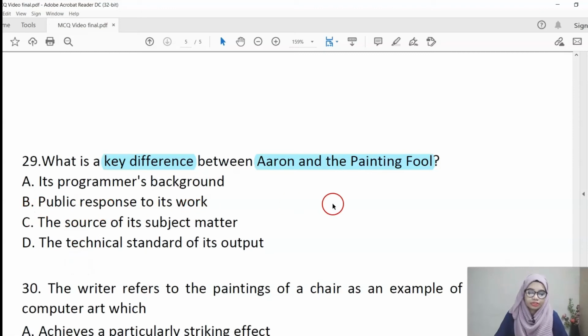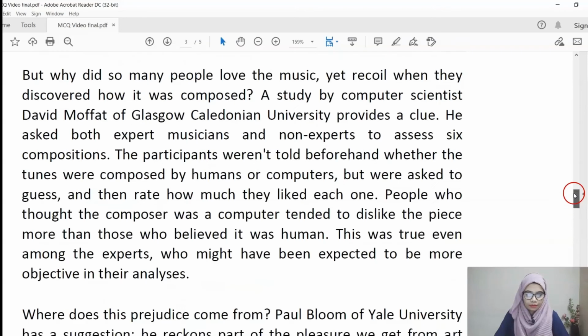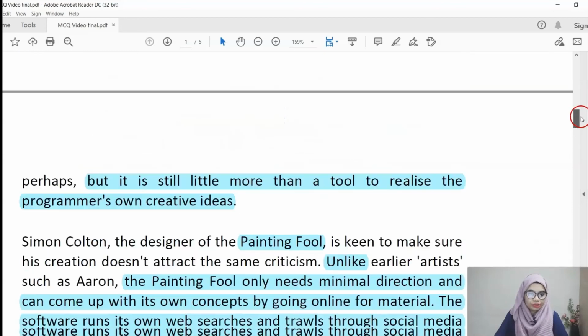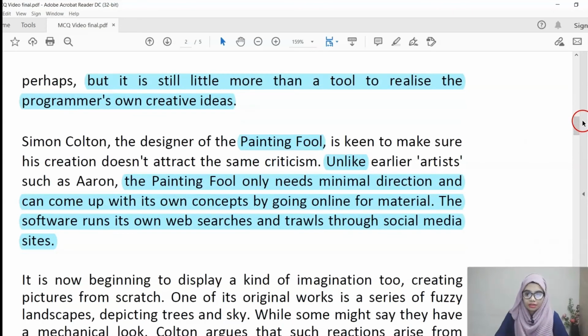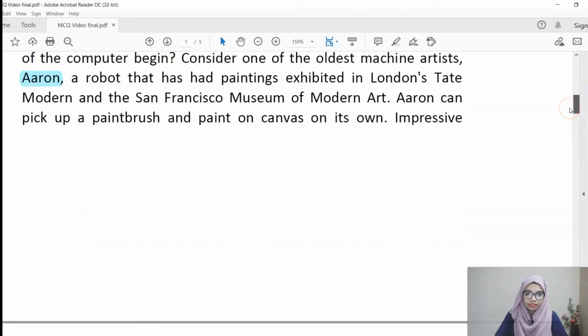Now, public response to its work. Let us see. Machine artist. So it says that Aaron has work exhibited in several places, but it doesn't say anything about the audience's response. Oh yes, it does say "still little more than a tool to realize the programmer's own creative ideas".